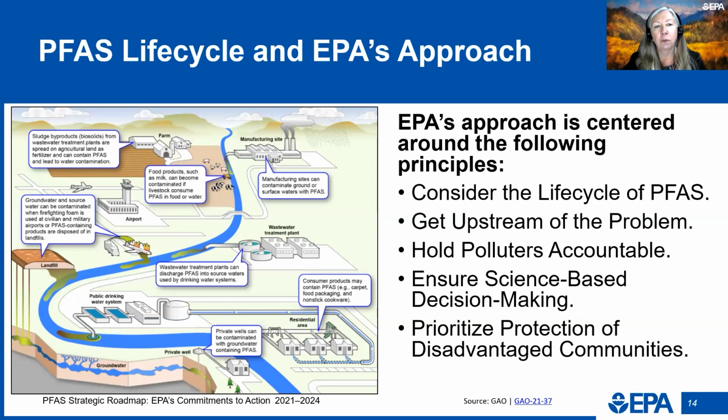On this slide, we're looking at the life cycle diagram, and I realize that the text is very small, but I think the picture helps to illustrate a few major ways that PFAS can enter the environment and potentially impact human health.